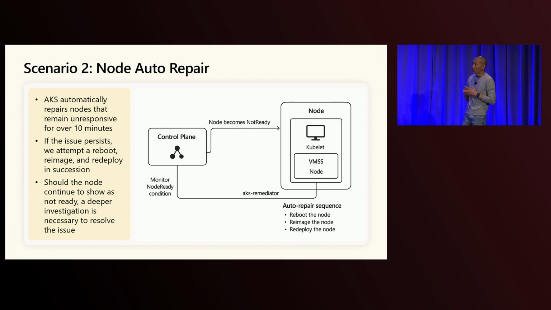After 10 minutes of a node being in a not ready state, we will start to perform an escalating set of remediations. First, we will attempt to reboot the node. If that fixes the issue, great. If it doesn't, we'll then jump to re-imaging the node. If that fixes the problem, great, we're all good. But if that doesn't work, then we will redeploy the node to a different Azure host.